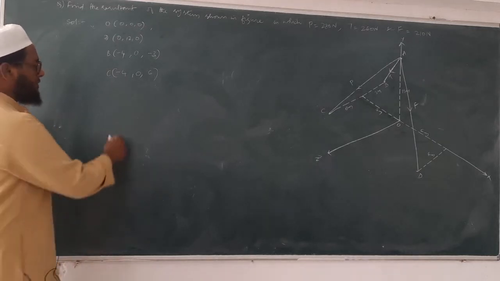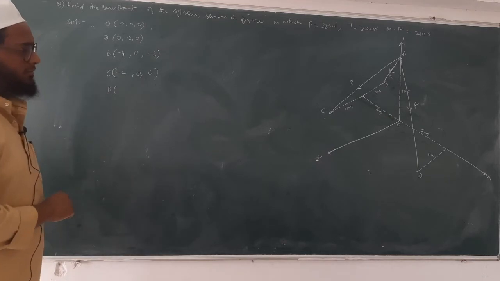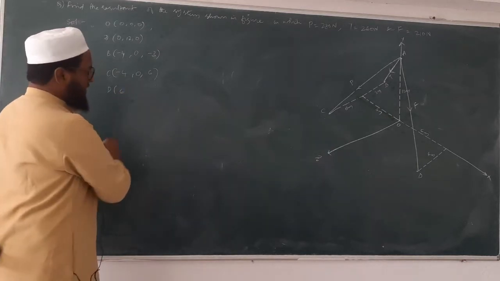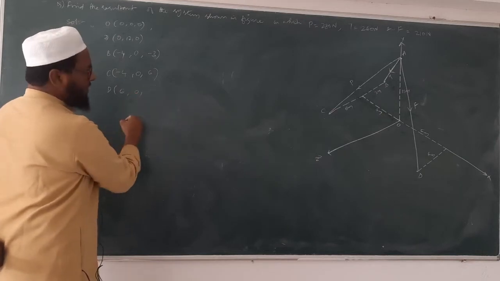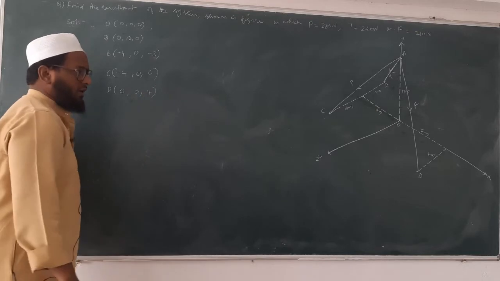Next we have D. See the point D? On the x-axis, positive x-axis 6. Then y is again 0. Then z is 4 meters. Understood?